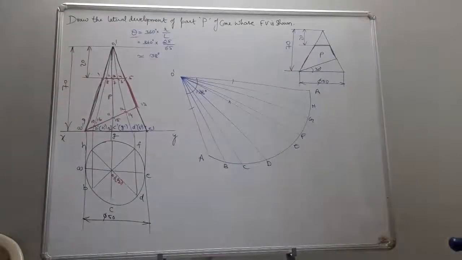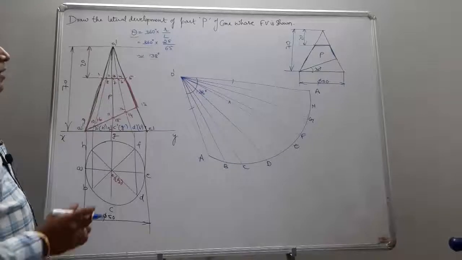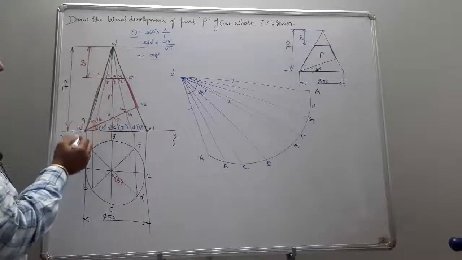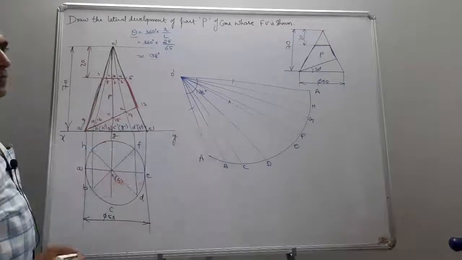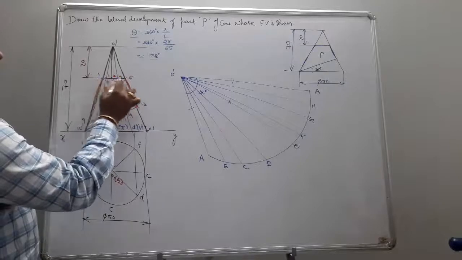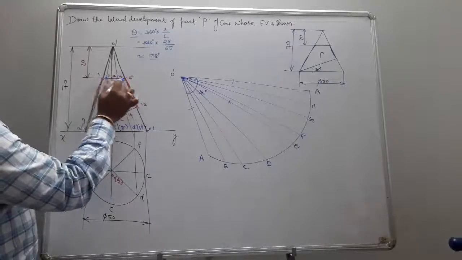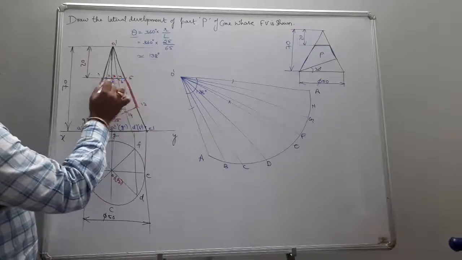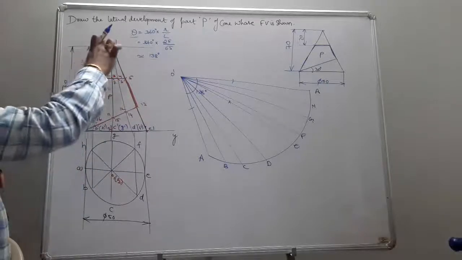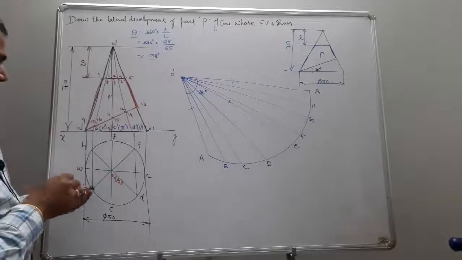Now again, what was the condition for the development? Always project all the points to the respective positions on the true slant edge and then transfer them from here. So 1, 2, 3, 4, 5 are all on the straight line where point 1 is also on the true slant edge. When you project these points, all come to the same reference point as one radius. So I take this as the radius and directly put my points.